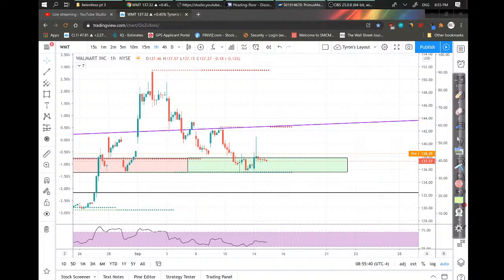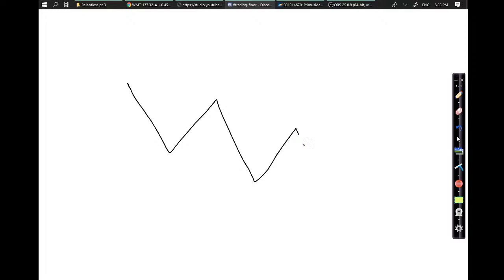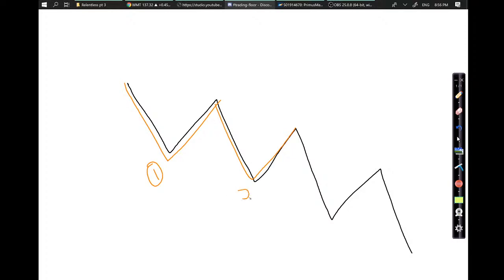Now, what else did I want to talk about here? I think I covered the majority of it. The sideways channel we covered, and a downtrend is a similar concept. You have your first wave, and then your second wave, and this is where you want to enter your puts for a bearish position.